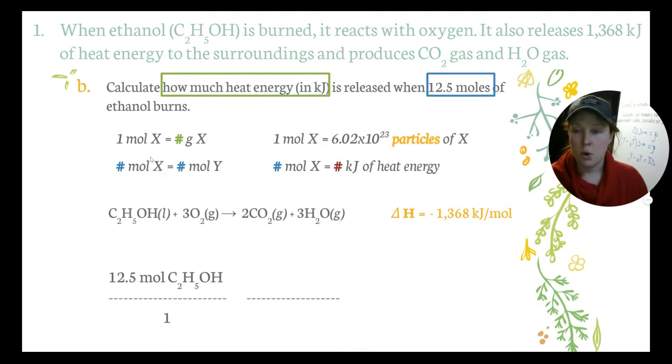If I have moles of ethanol, do I want to get to moles of CO2? No, I'm trying to get to kilojoules. Well, if I have moles of ethanol, do I want to get to kilojoules? The answer is yes. So we're going to be using this conversion factor here in the bottom right. I'm going to put moles of ethanol on the bottom, and you'll probably wonder, okay, Miss Lemons, where did you get that 1 from?